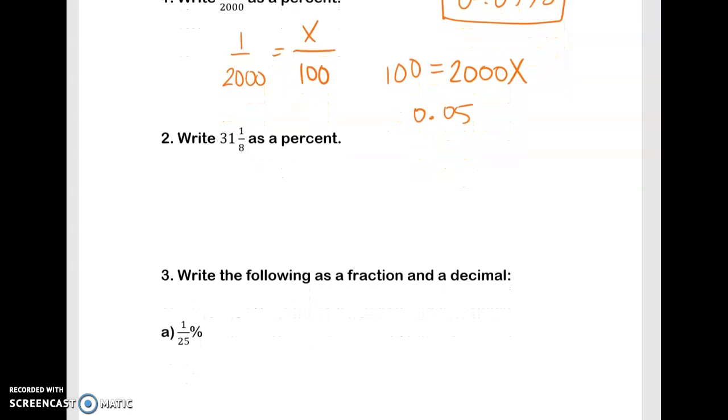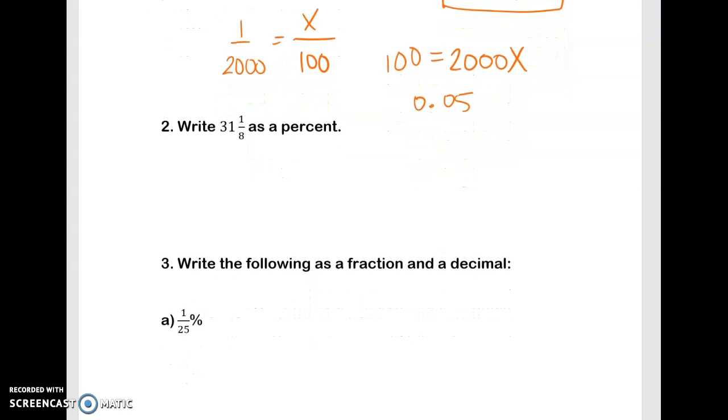For number two, we want to know what 31 1/8 is as a percent. So here we're talking about, well, what would that look like out of 100? Well, we can either keep it as a fraction and rewrite it as 249 over 8, and solve it.